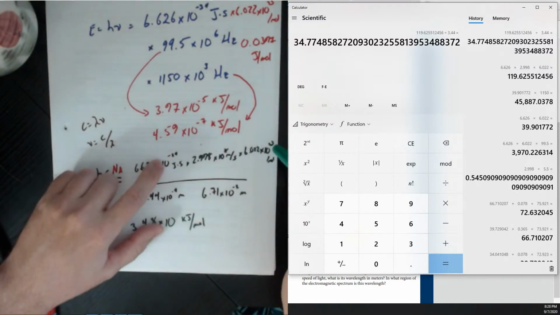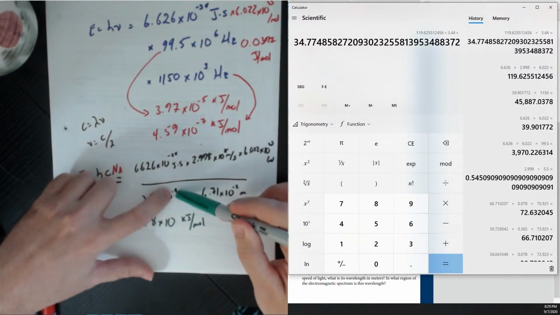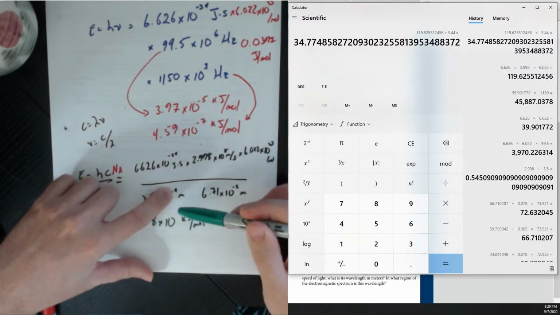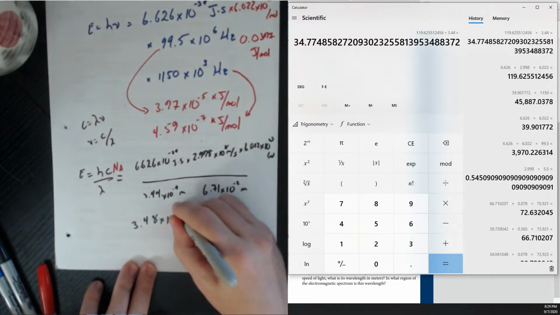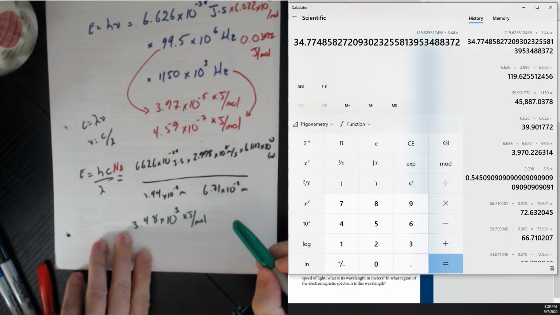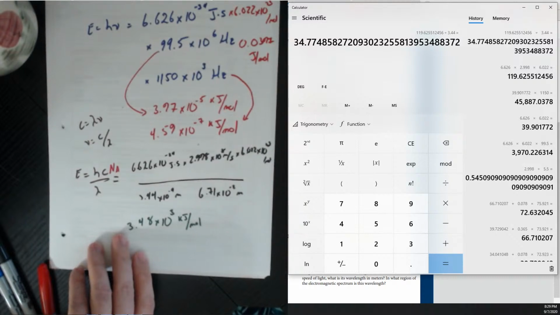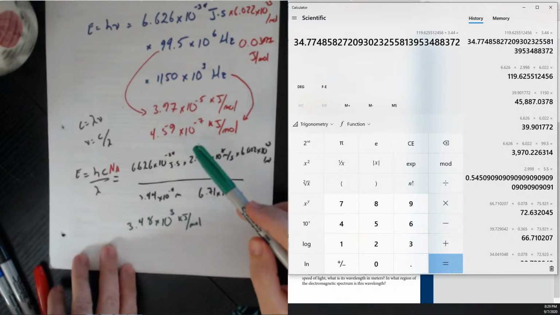Negative 34, negative 11, negative 3, positive 6, then down by 3 makes it 3. Yeah, that was a lot of weird numbers. I'm just trying to get my calculator here on the screen. It doesn't handle scientific notation particularly well, so I'm just letting it do the multiplication of the numbers, and then I'm handling the exponents.